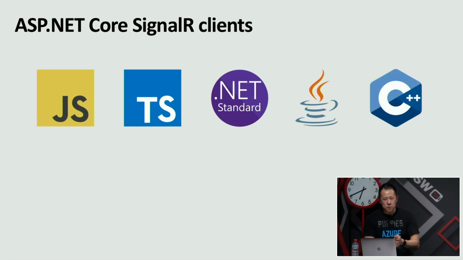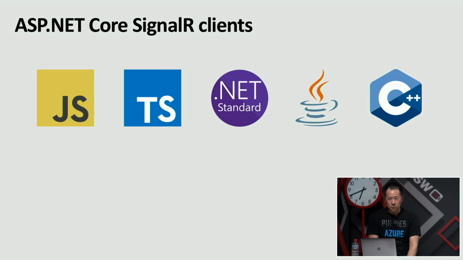And you can use lots of different languages to connect to ASP.NET SignalR. So the most common ones are JavaScript and TypeScript. There's a really nice client for that that you can use from a browser or from things like React Native. And then we also have a .NET standard library. So if you're using a .NET app or Xamarin or something like that, you can connect to a SignalR application.